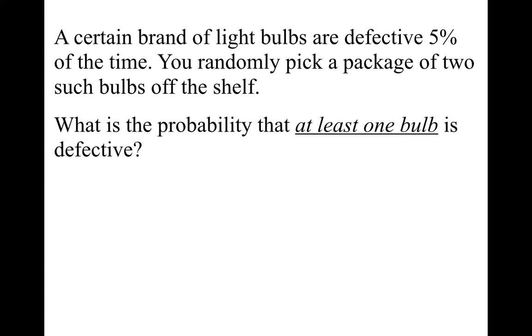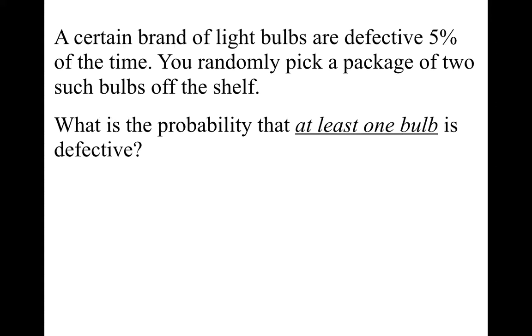So here we go. Here's an example using the light bulbs again. A certain brand of light bulbs are defective 5% of the time. Already did this problem. You randomly pick a package of 2 such bulbs off the shelf. What's the probability that at least one bulb is defective?